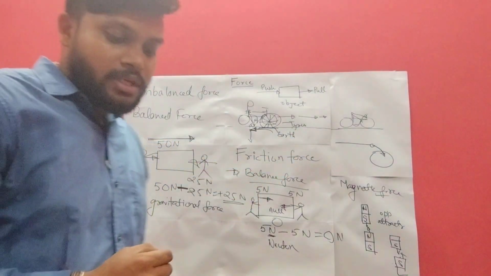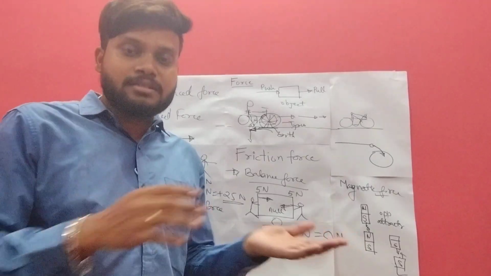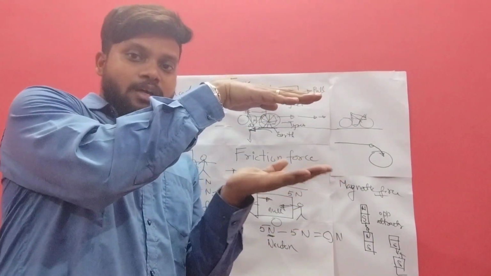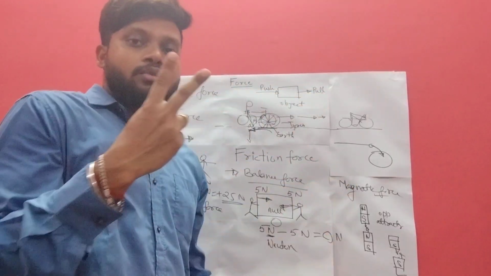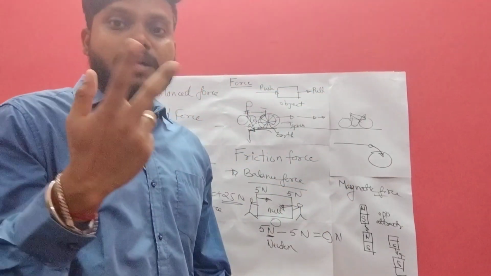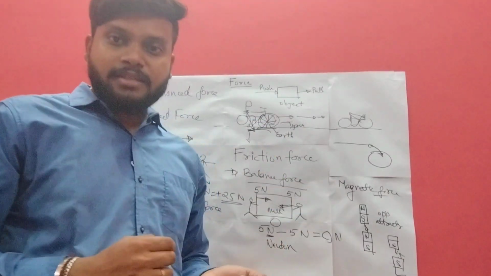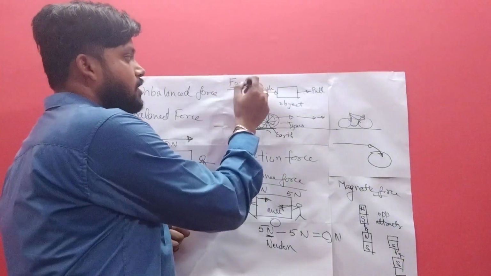If somebody asks you, can friction be applied if surfaces do not touch each other? Suppose my hand is up here and the second hand is down here, so can friction be applied on my hands? No. Only if two surfaces come in contact is frictional force applied. Okay, so we have learned about force. Force is what?